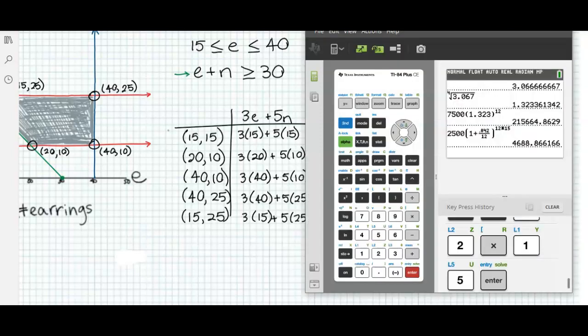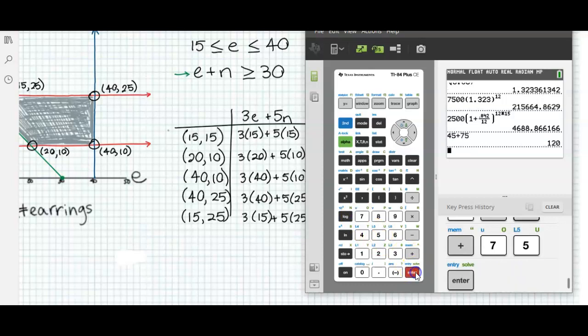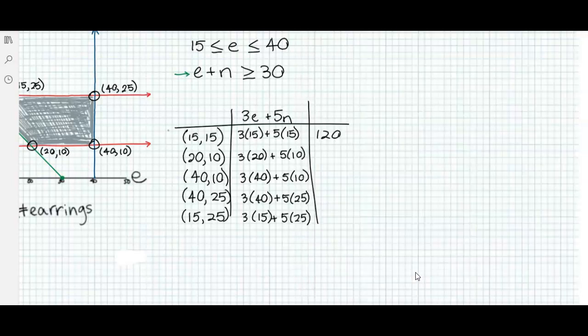Let's just double check that on the calculator. 45 plus 15 times 5 is 75, is 120.